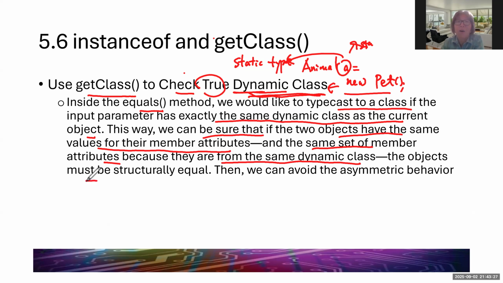So their objects must be structurally equal. In this way, we can avoid the asymmetric behavior. We will see that in our example. So that's all of the concepts in this chapter.